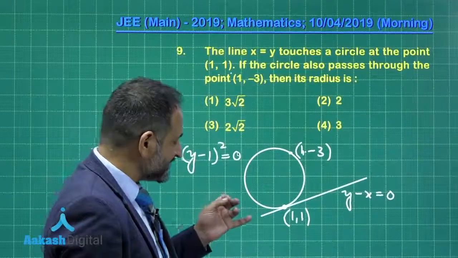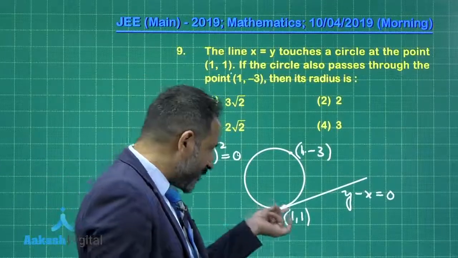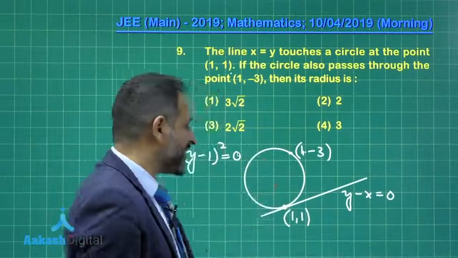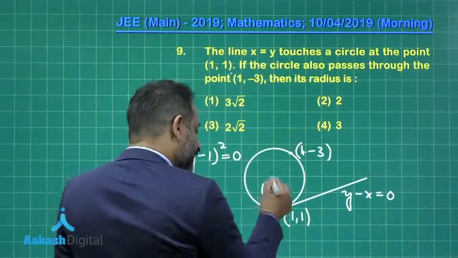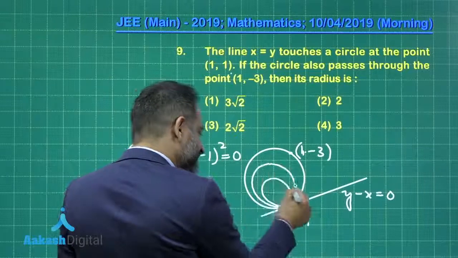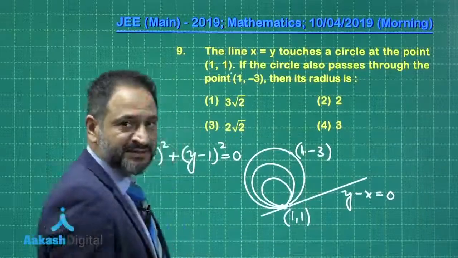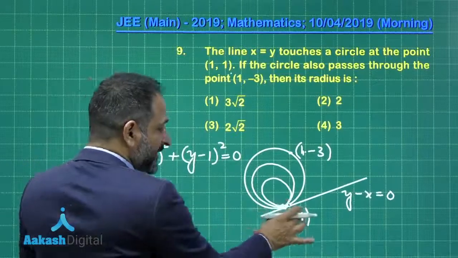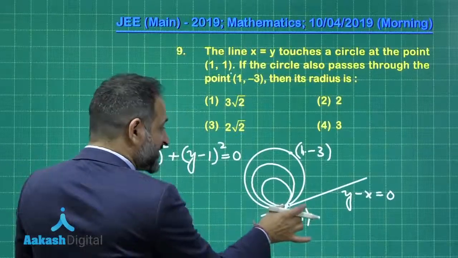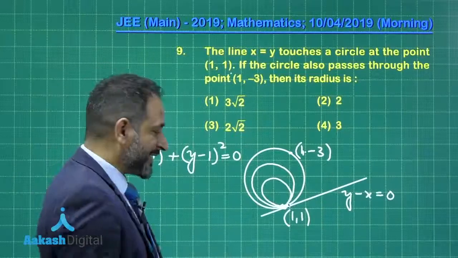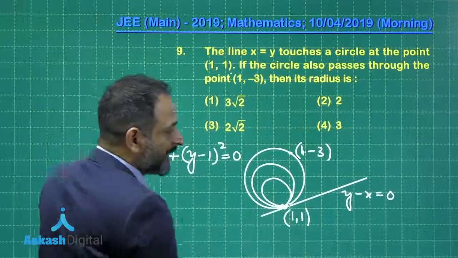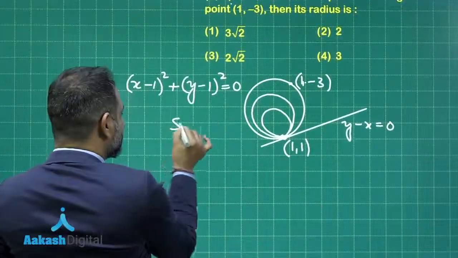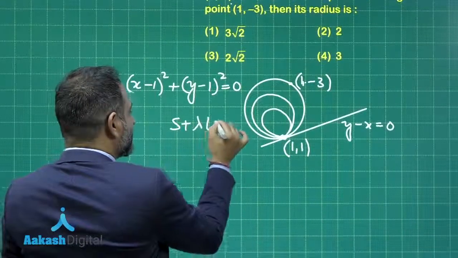Now, the circles passing through the intersection of this point and this line are infinite, and this is one of the circles. So, all the circles which are touching this line, that is y equal to x at 1 comma 1, can be given as S plus lambda L equal to 0.